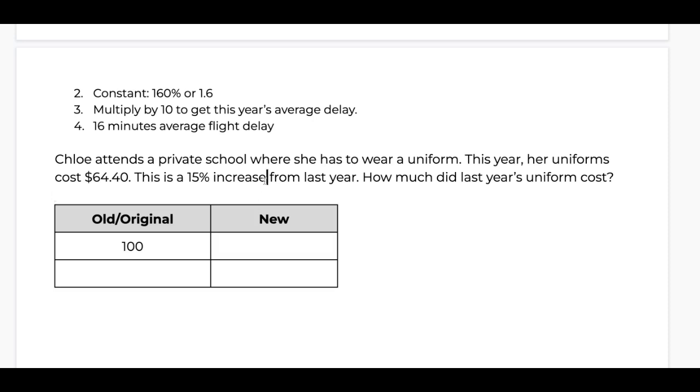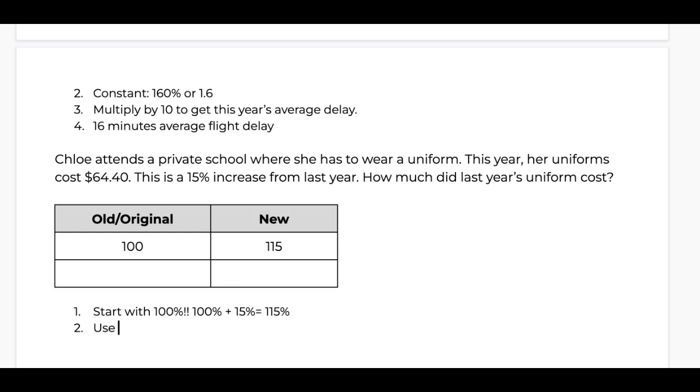But before I even start, I see this right here. 15% increase. So we're going to start with 100%. And then you have to ask yourself, what is happening? So 15% increase, we're going to do 100% plus 15%. That's going to give us 115 for that new.